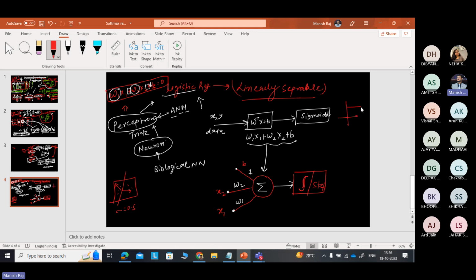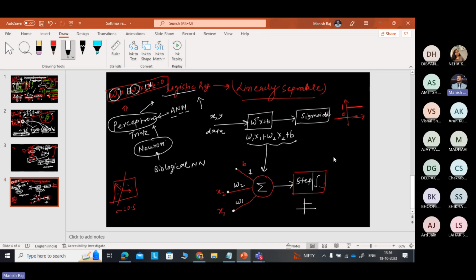Step means either you can take 1 or you can take 0. So this is the step graph. First I am taking the step function here. Even though you can take sigmoid or whatever, no problem.